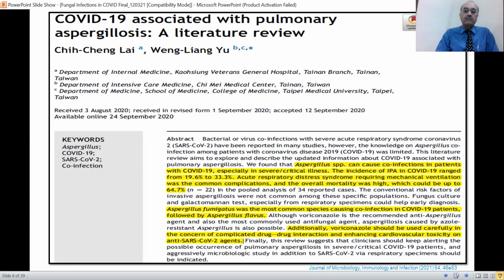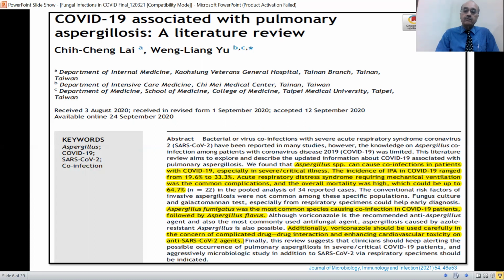ARDS requiring mechanical ventilation was the commonest complication seen in these patients, and overall mortality was very high, even up to 65 to 68%. Among the Aspergillus species, Aspergillus fumigatus was the most commonly isolated species causing co-infection in COVID-19 patients.